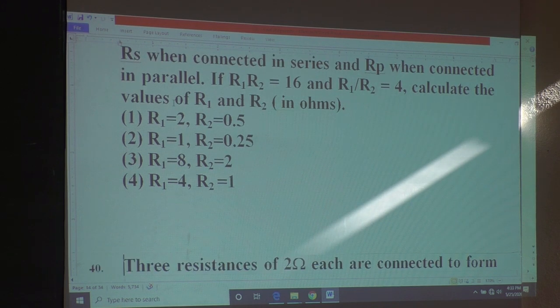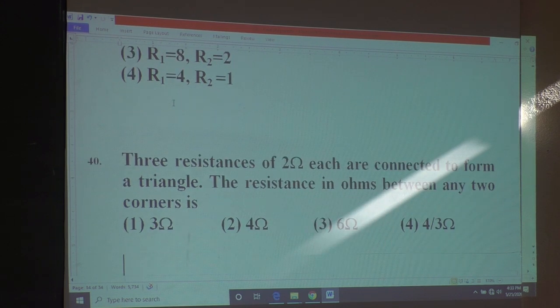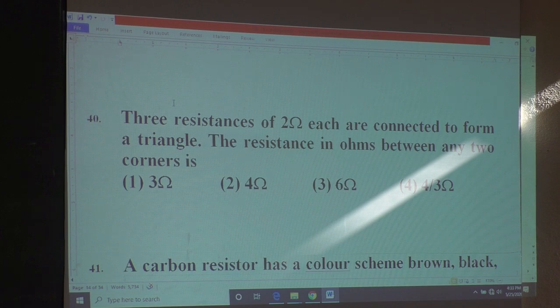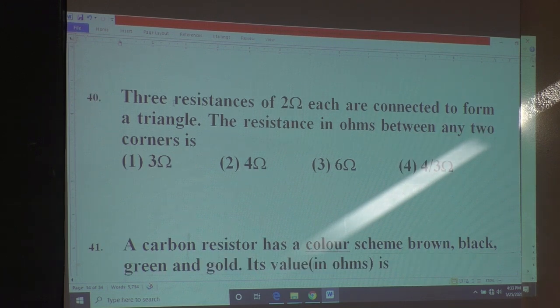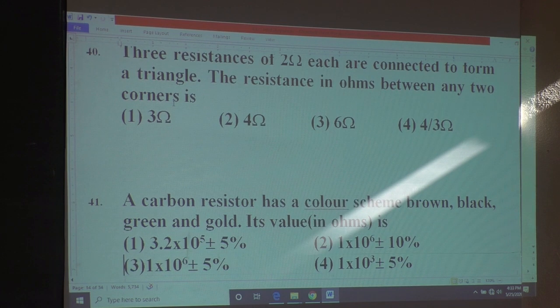Let us move on to this question. 3 resistances, 2 ohm each, are connected to form a triangle. Resistance in ohms between any 2 corners. Shall we do this mentally? You have written the theory exam, you know the idea behind this. In a triangle, you have 3 resistances, 2 ohm, 2 ohm, 2 ohm.